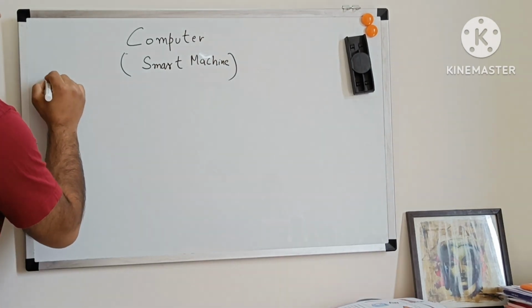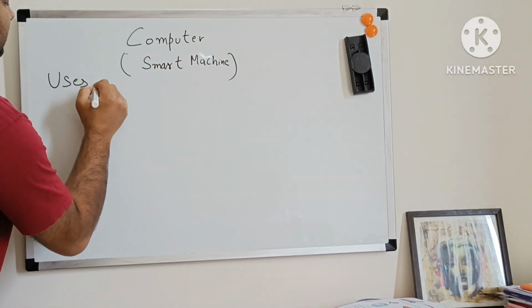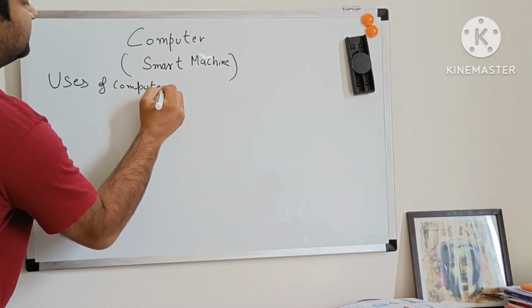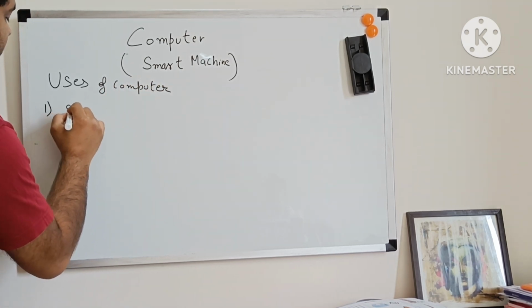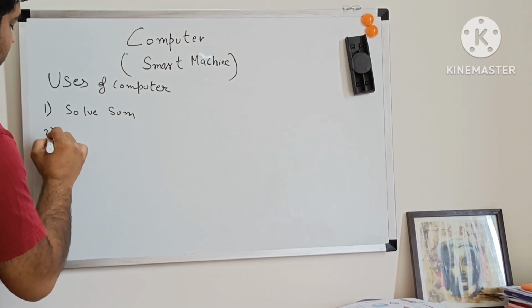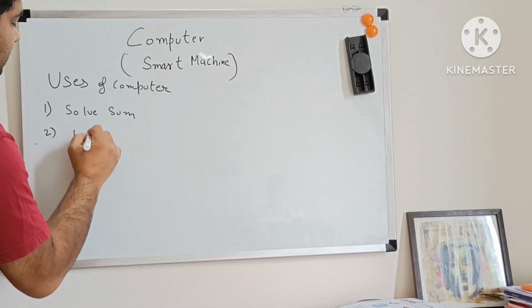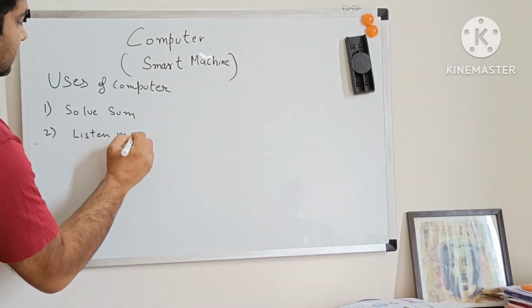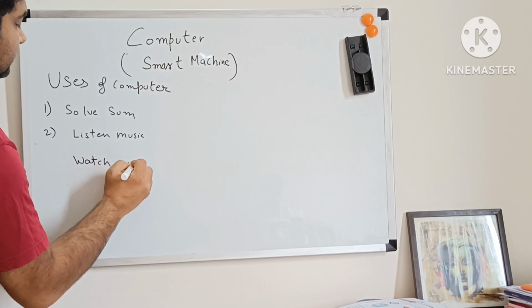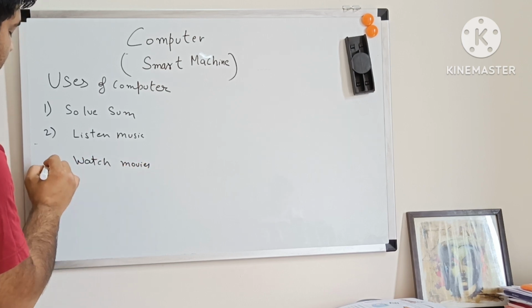So what can we do with the help of computer? We can solve sums. Very good. Uses of computer. We can watch movies. We can listen to music. We can play games.